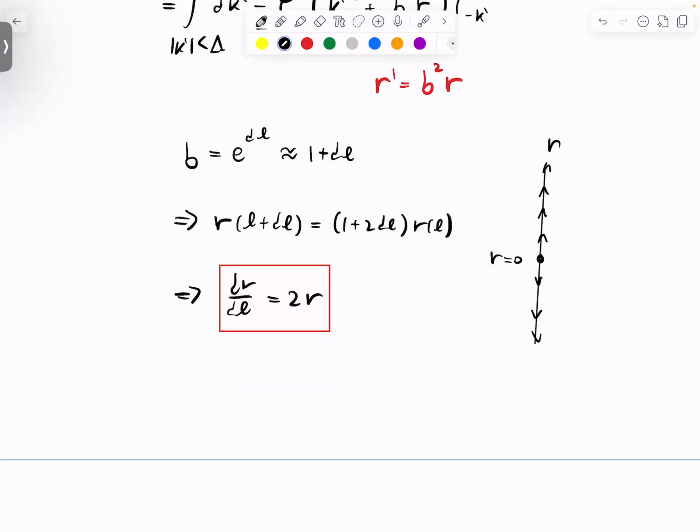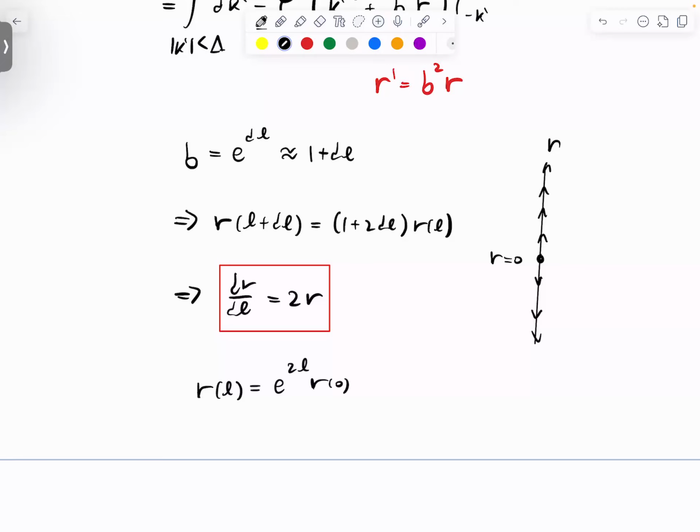And I can actually solve for r of l is equal to e to the 2l times r of 0. So it's growing exponentially with this kind of rescaling. Okay, so that's one comment.